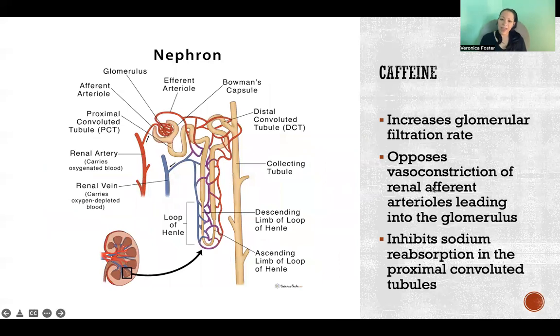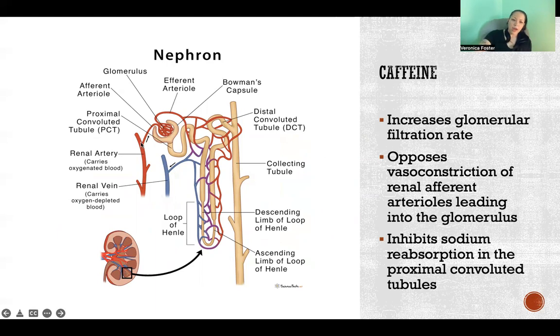All right, so the way caffeine acts as a diuretic is that it increases glomerular filtration rate. Glomerular filtration rate is the rate at which that filtrate is formed. It's regulated by the blood pressure of the blood coming through the afferent arteriole.